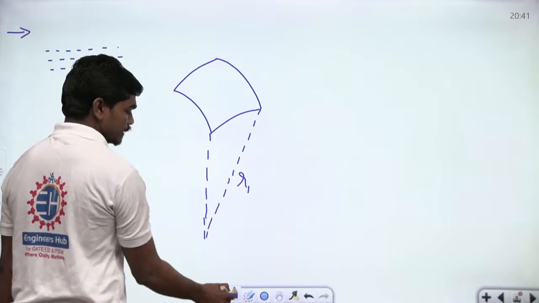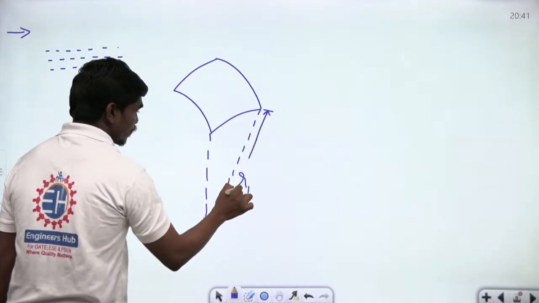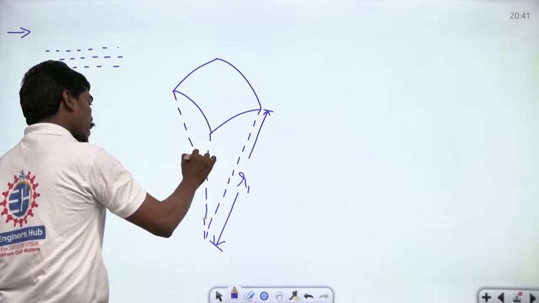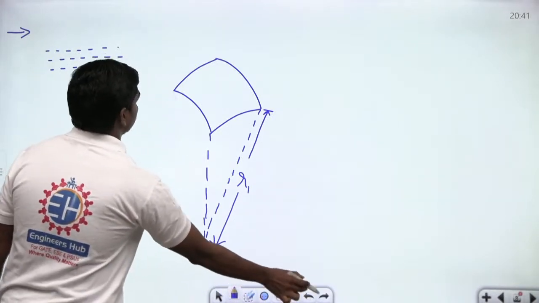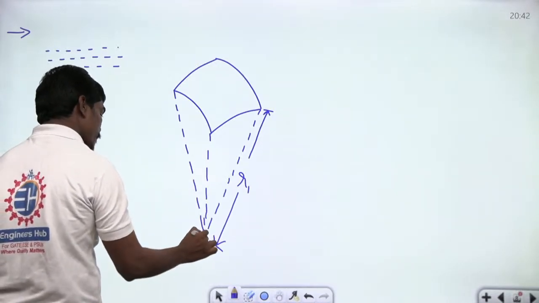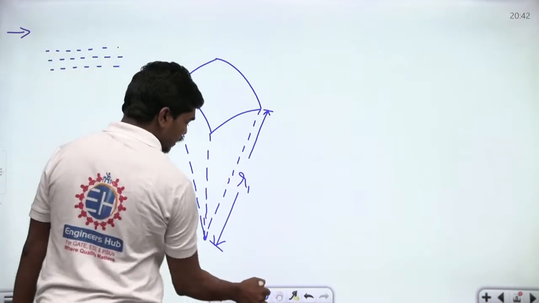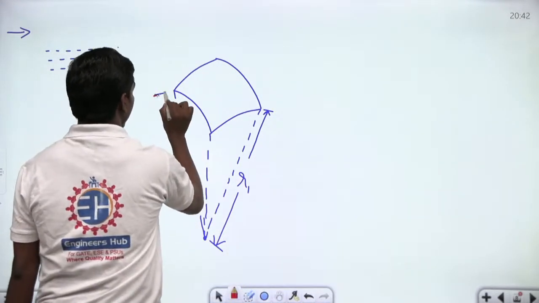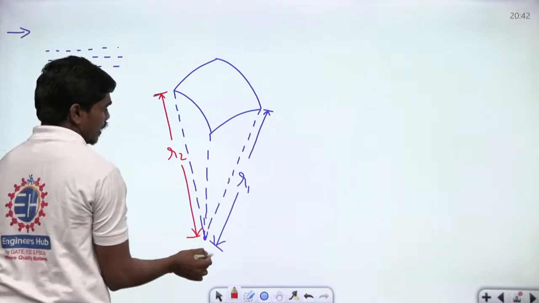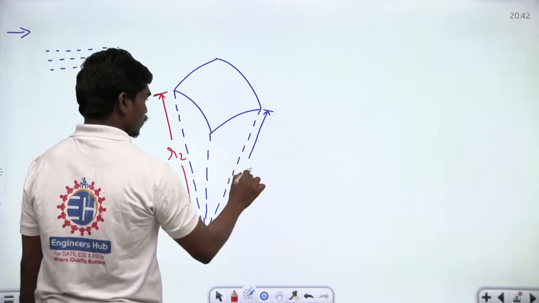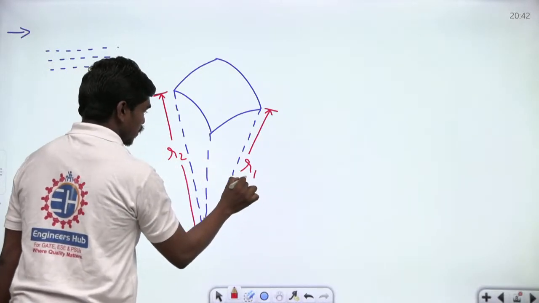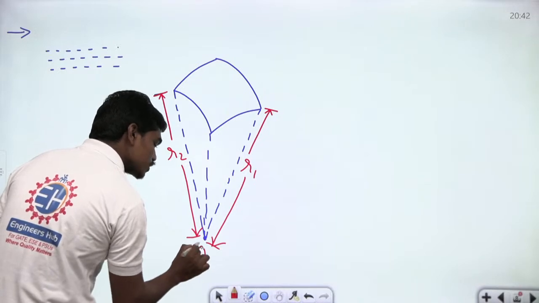Let me try to draw this a bit neatly. This radius is R1, for example, and finally this radius is R2. Let us use a different color for dimensioning as well. So this is R2, and this is R1, and let us suppose this is your horizon O.